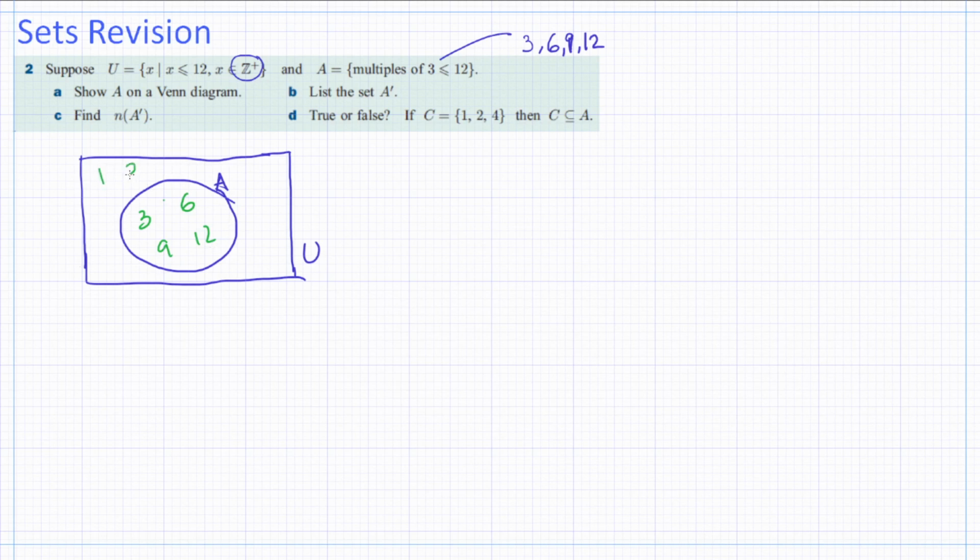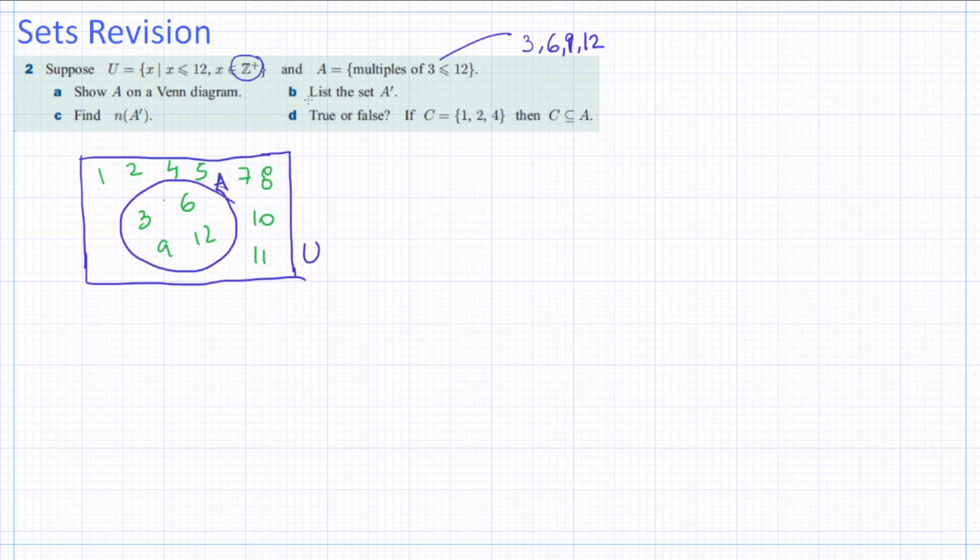So 1, 2, 4, 5, 7, 8, 10, and 11. Right? And obviously, if this is A, this here would be complement of A. What's outside of A is the complement of A.